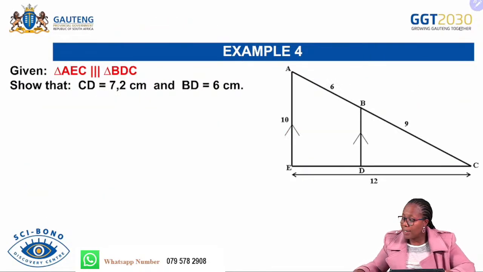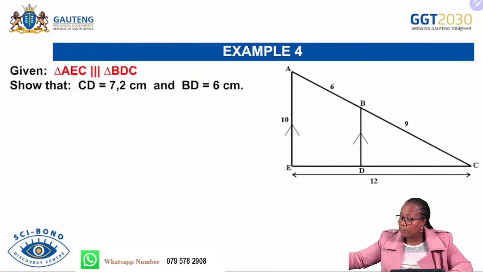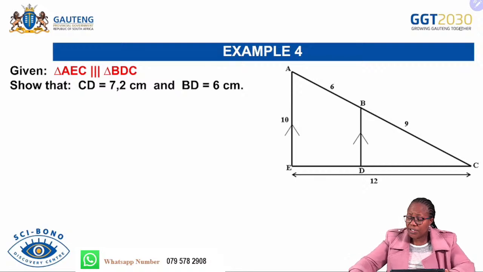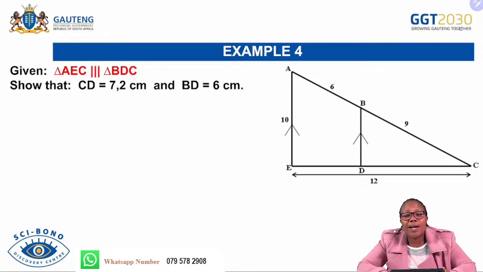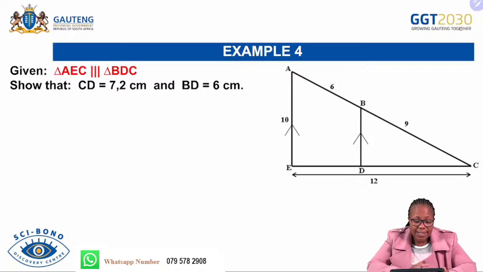Okay, moving forward, example number 4. We are given triangle AEC is similar. It is given to you. You are told that the two triangles are similar now. Triangle AEC is the bigger triangle.